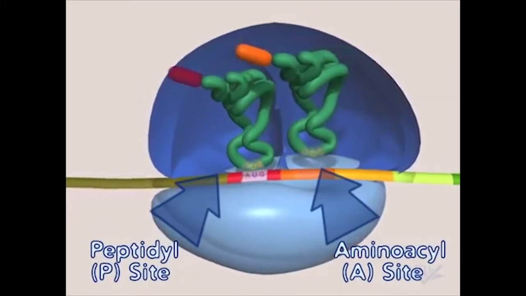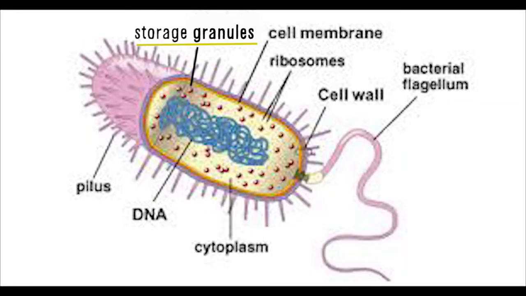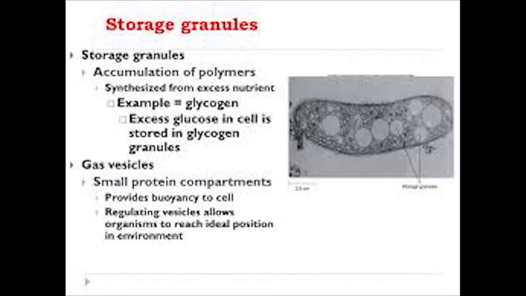These ribosomes are smaller than in eukaryotes, but carry out the same function. The final organelle, storage granules, are similar to the starch grains or glycogen grains of plant or animal cells. However, bacteria tend to store nutrients as polyphosphates, glycogen, lipids, sulfur, or even nitrogen.